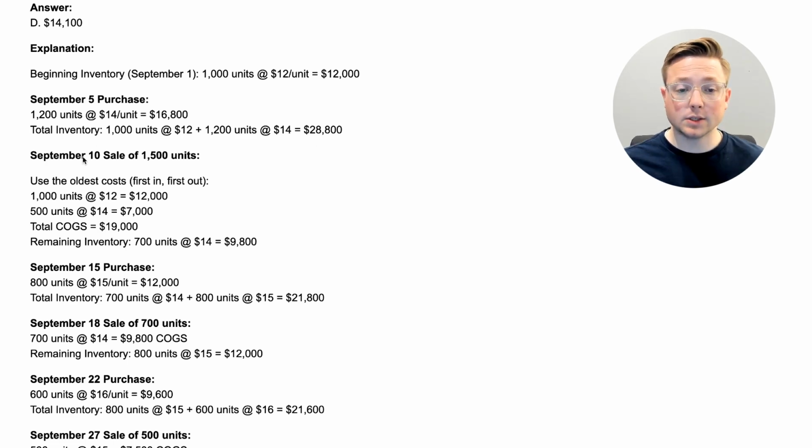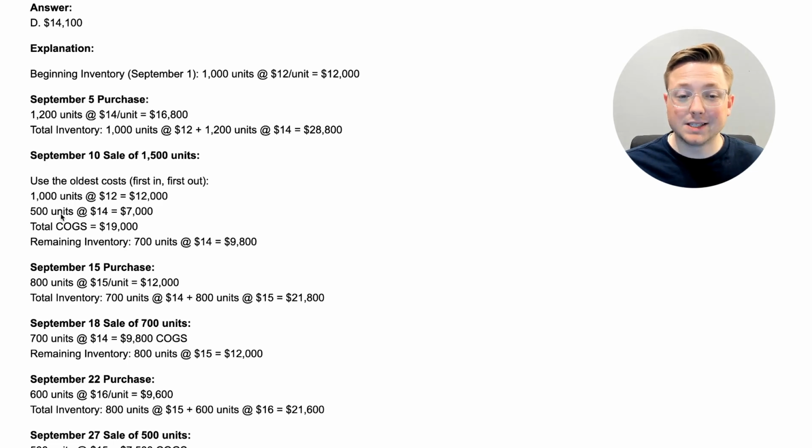Now on September 10th, they sold 1,500 units. With FIFO, you're using the oldest costs, the very first things that you purchased. That means you're going to use the beginning inventory first. There's 1,500 units, so we have to use all 1,000 of the units that were there at the beginning of the month. That's $12,000 for 1,000 units.